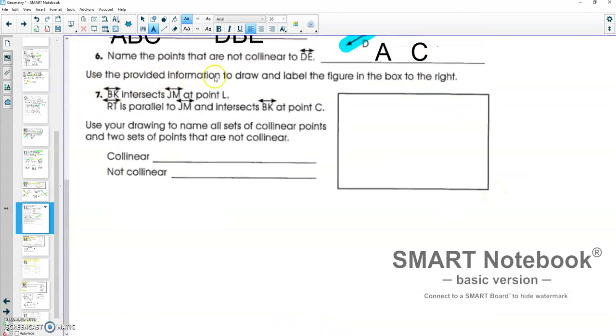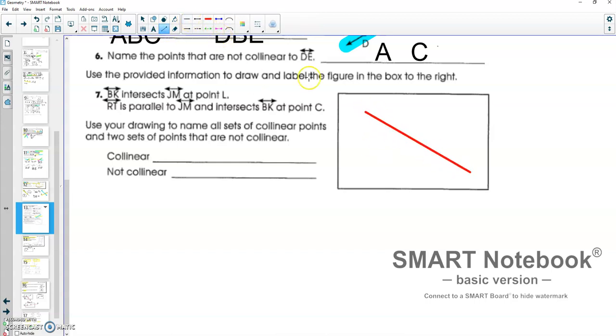Use the provided information to draw and label the figure in the box to the right. BK intersects JM at point L. Okay, I have 2 lines that intersect, they cross each other. So BK crosses JM at point L. So let's draw some lines.